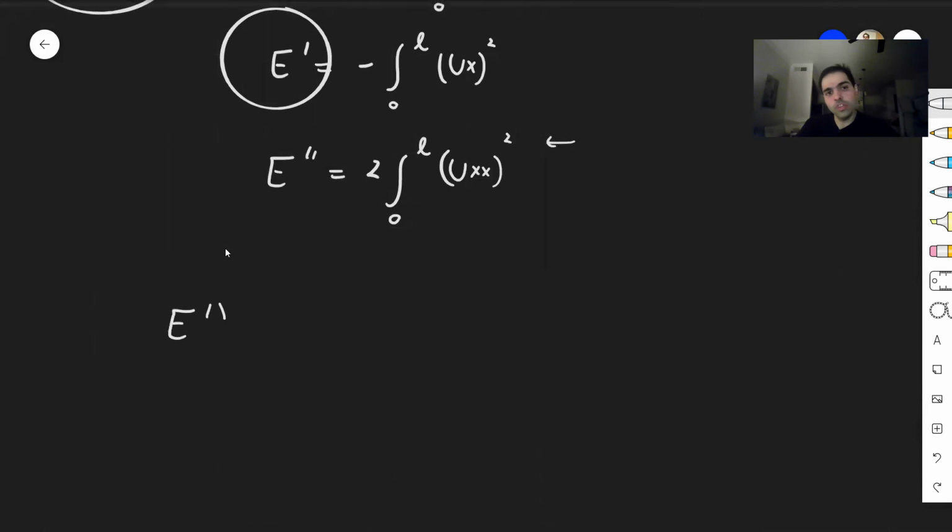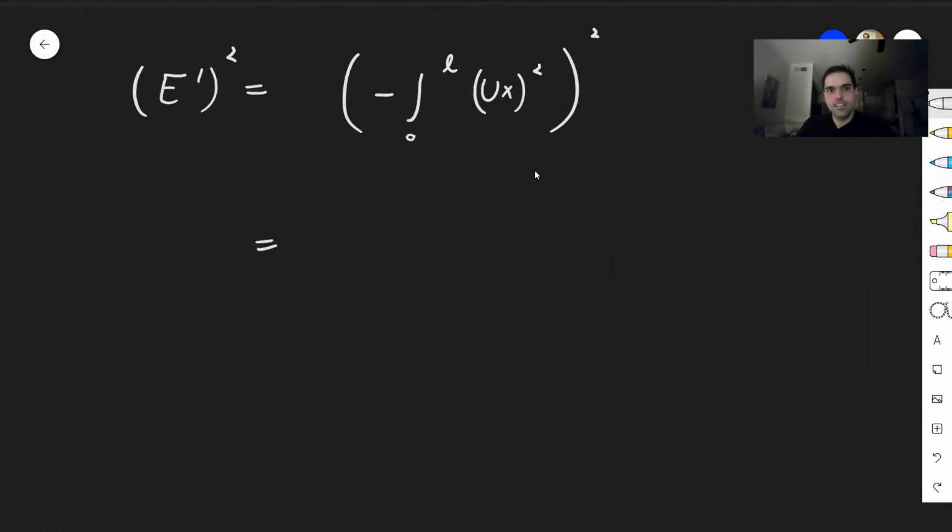In order to do this, consider the square of E prime. So it's minus integral from 0 to L of u_x squared, squared. The minus squared is just plus, so it's the integral from 0 to L of u_x squared, and u_x squared you can just write as u_x times u_x.